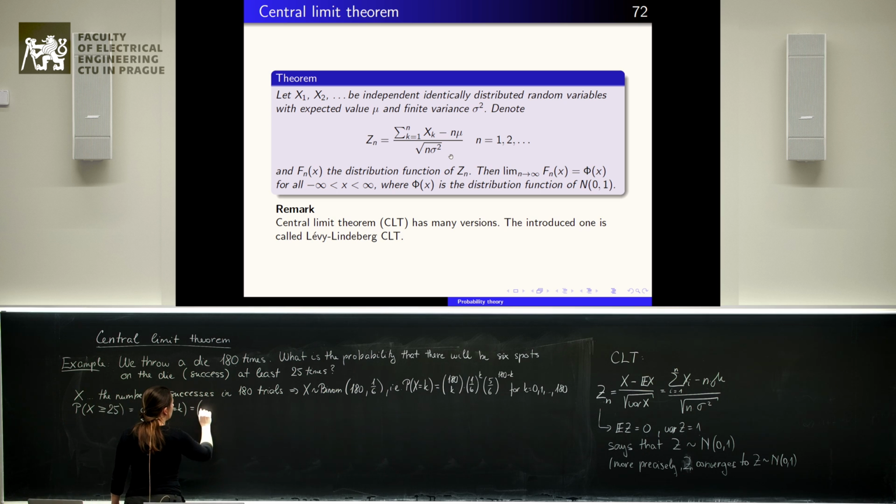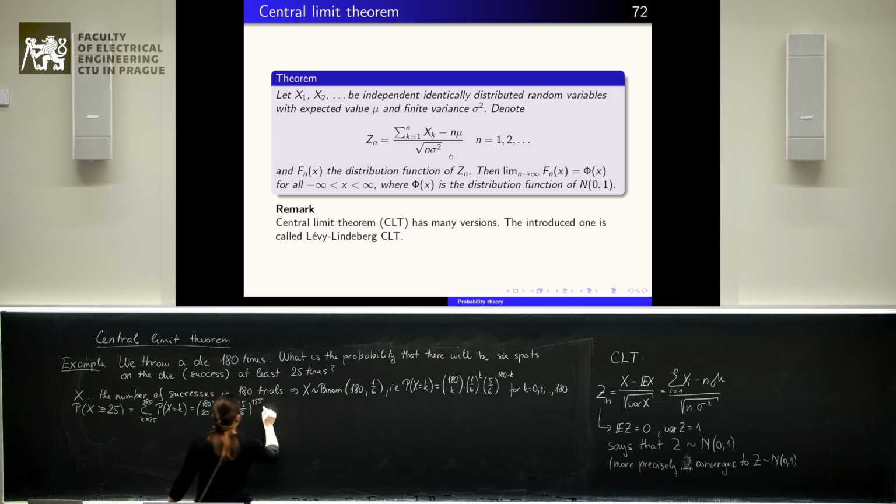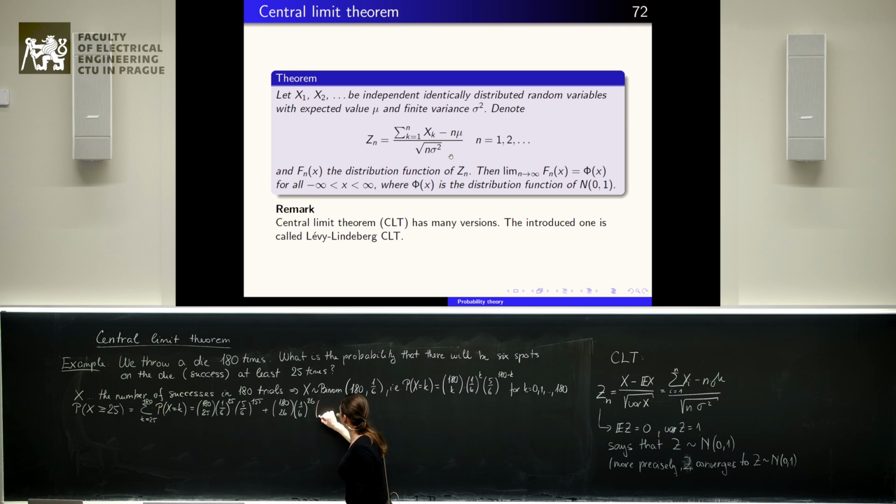So what does it mean? It is 180 choose 25 times 1/6 powered by 25 times 5/6 powered by 155 plus 180 choose 26 times 1/6 powered by 26 times 5/6 powered by 154 plus and so on and so on.